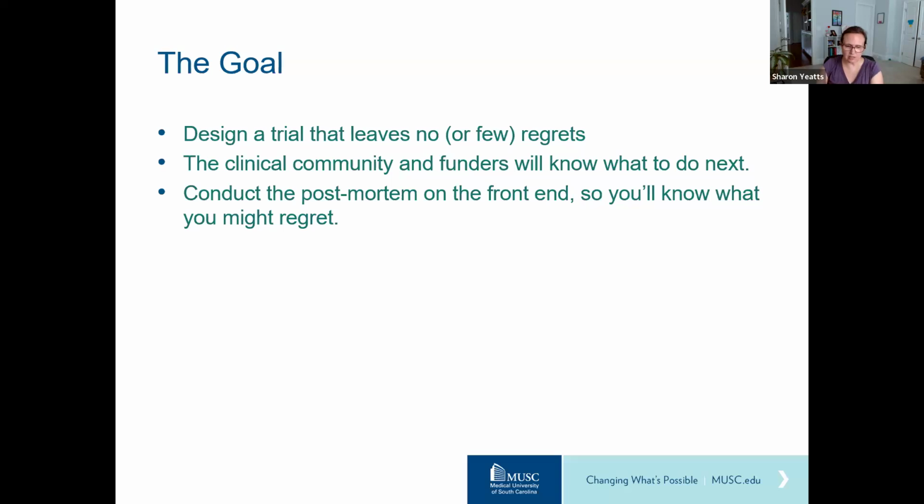They don't get to the end of the study, read the conclusion and say, oh, maybe we had the wrong dose, or oh, maybe it was the wrong subgroup, right? So we want to think about all of those things. We want to conduct the postmortem before we actually do the study, so we know what regrets are possible, and then back up to the study design phase and say, how can we avoid these regrets in the first place?